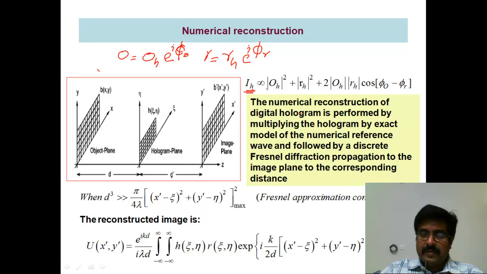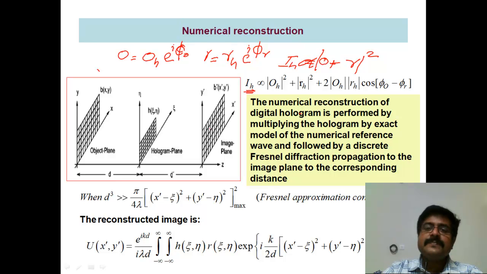The hologram function is proportional to this superposition, O plus R, the modulus squared. Rather, I should say it's proportional. I_H is proportional to O_H square, R_H square, 2 O_H R_H cos of phi_O minus phi_R, where phi_O is the object wave phase and phi_R is the reference wave phase.